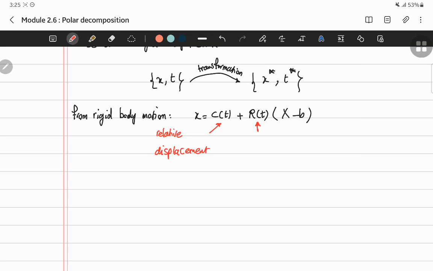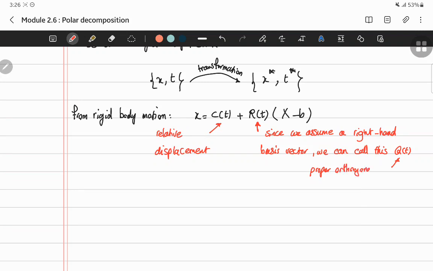And you can think of this R as an orthogonal tensor, right? And since we assume a right-handed basis vector, we can call this Q(t). It's a proper orthogonal tensor. We call Q(t) a proper orthogonal tensor.